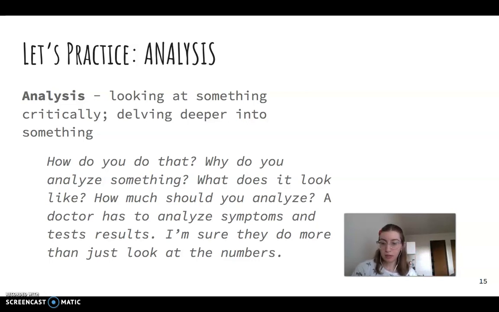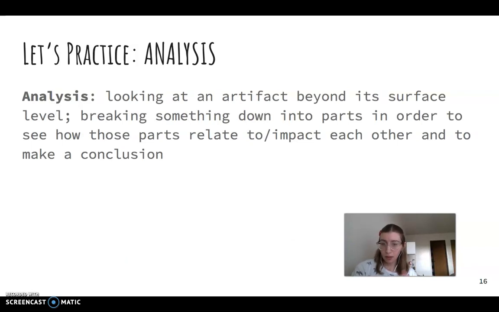So I obviously did this process and I came up with this definition. Based on doctors and research or analysis I've done, I think analysis is looking at an artifact beyond its surface level. It's breaking something down into parts in order to see how those parts relate to or impact each other and to make a conclusion. I think about it with the doctor. When they run their tests, they look at my symptoms, they ask me questions.